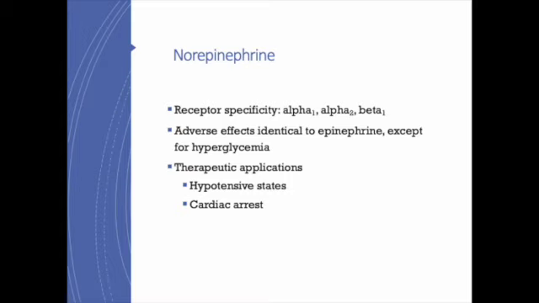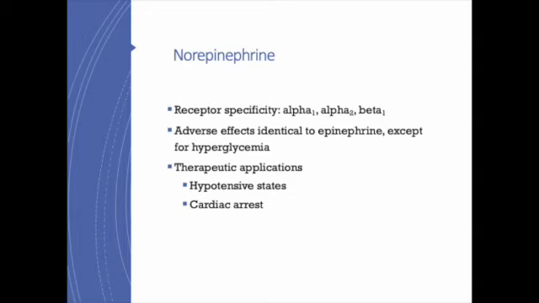With norepinephrine, we have specificity to alpha 1 and alpha 2, but only beta 1. Again, this is also a catecholamine. We're still talking about catecholamines. Norepinephrine is similar to epinephrine, but in regards to receptor specificity, norepinephrine differs because only in norepinephrine do we have a lack of activation of the beta 2 receptor.